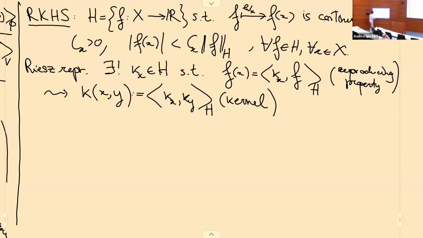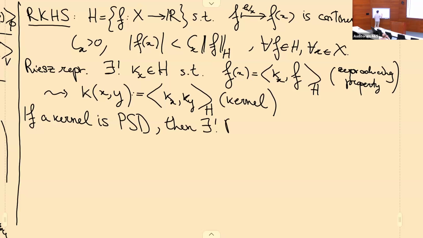But if you assume that the kernel is PSD, positive semi-definite, I guess I don't need to define this, then there exists a unique RKHS, a Hilbert space of functions that have this reproducing property associated to the kernel K.